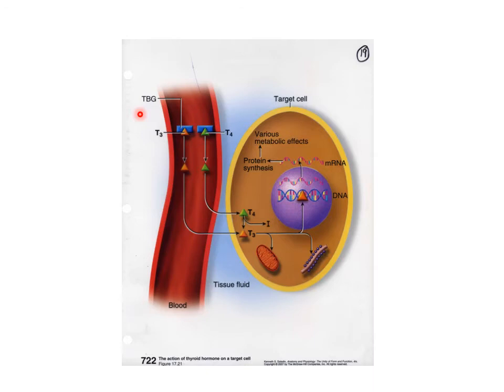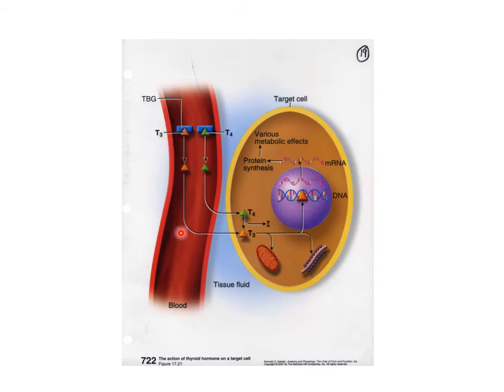And if you ever go and have your thyroid checked and they do a breakdown of all the different aspects of the thyroid hormone and give you a thyroid panel, they usually look at thyroid binding globulin, that's called T uptake, and then you have T3, you have T4, and they look to see how much of each of these you're producing and then how much of the transport molecule that you have. So that thyroxine binding globulin is very important.